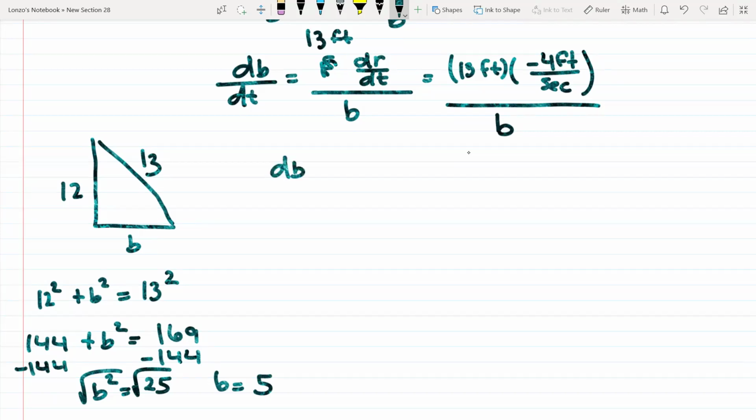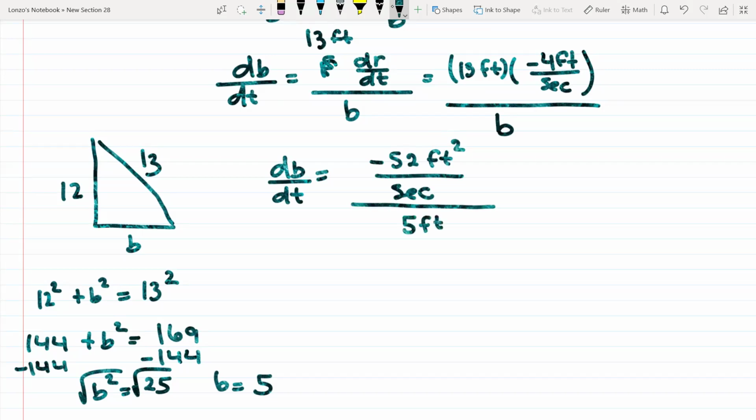Okay, so you could say db/dt is, let's simplify, what's 13 times -4? -52 feet per second, or I guess it would be feet squared, because this was feet and this is feet, so it's feet squared per second, divided by b, which we said is 5 feet.